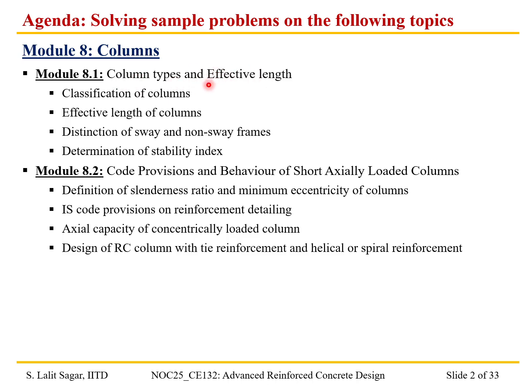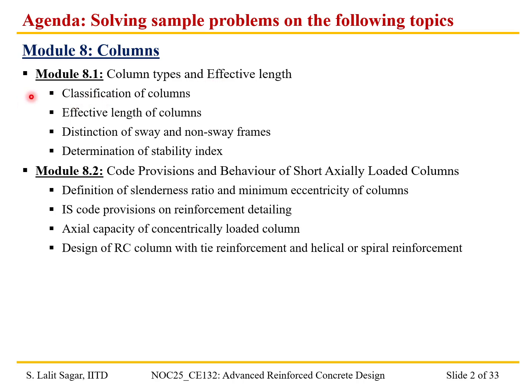We classify columns depending on the constituent materials, for example the reinforced concrete column and the concrete encased structural steel column. Depending on the height, we classify columns as short columns or slender columns, which is why it is very important to determine the effective length of the column so that we can predict the behavior and design the column accordingly.